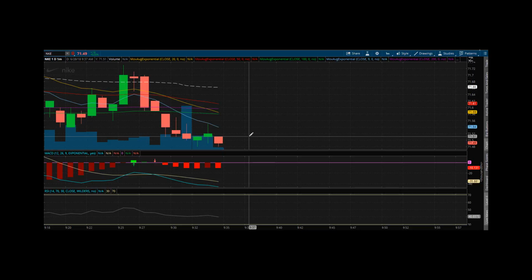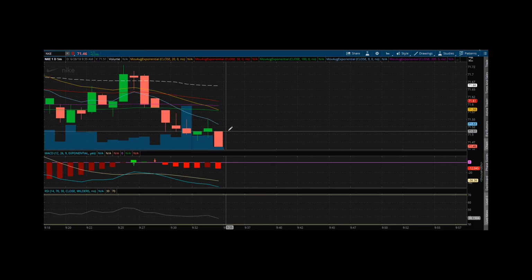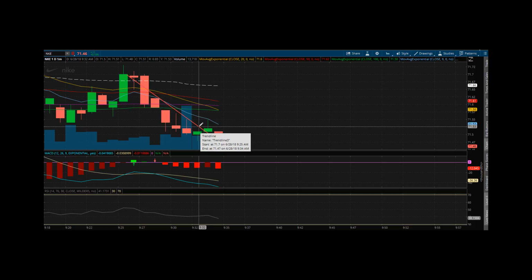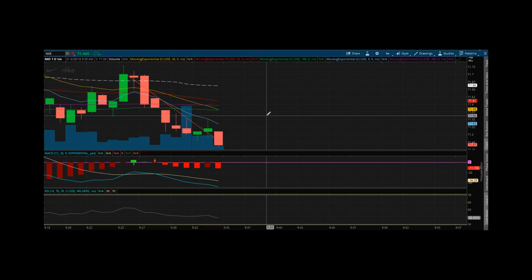Now, what I would do, I would honestly probably buy right here, and the reason is because this is on the 1 minute chart, and do I intend to ride it all the way back up here? No way. I mean, it'd be nice, but let's just say I bought there and there. That would be a difference of 23 cents.